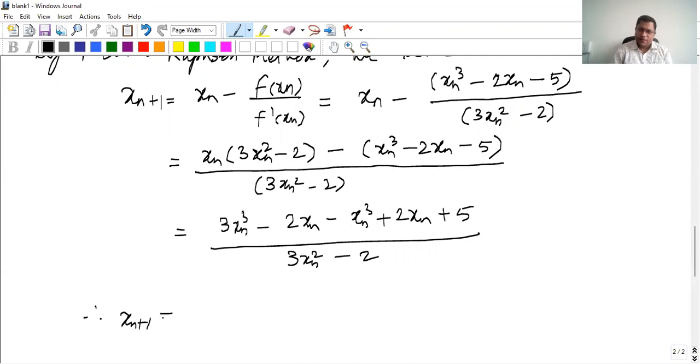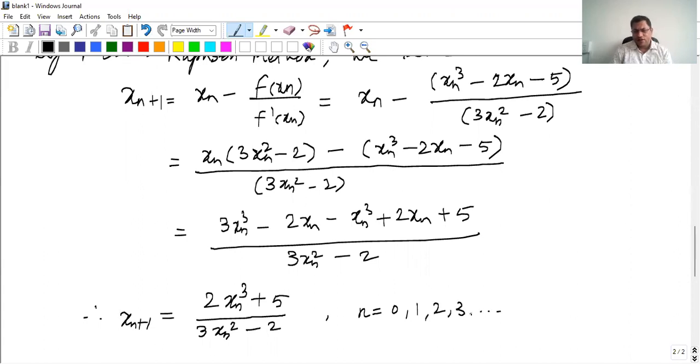We got xn plus 1 is equal to 2xn cube plus 5 upon 3xn square minus 2. Are you getting this term? Yes, sir. This is when n is 0, 1, 2, 3 onwards.